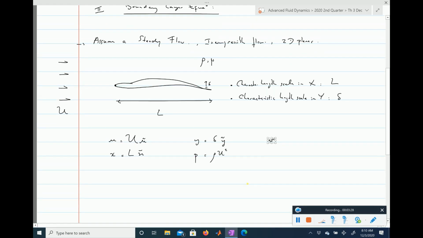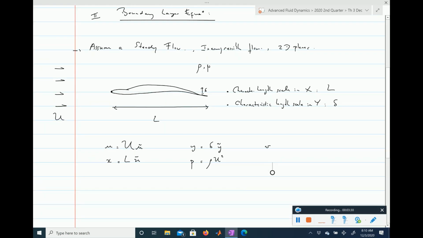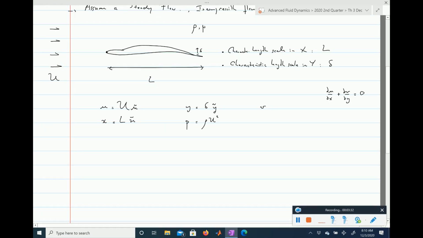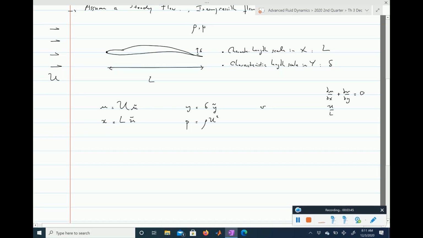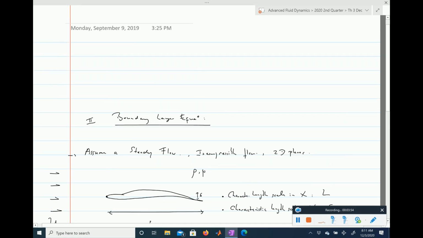Well, to find the scale for v, we need to go to the continuity equation. So let me write it here. We have our continuity equation here, and we know that u scales with U, and we know that x scales with L. We don't know what v scales with, but we know that y scales with delta. So the first term is going to scale with U divided by L, and the next term is going to scale with our velocity scale for the y direction divided by delta.